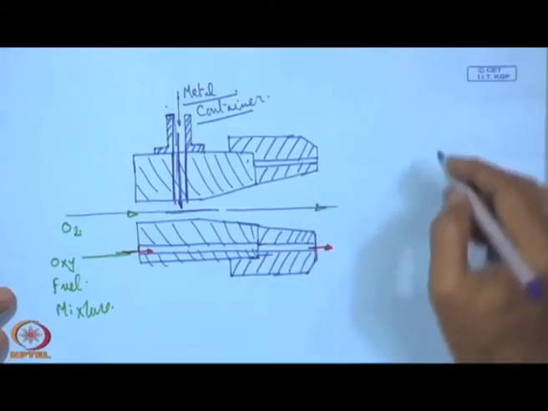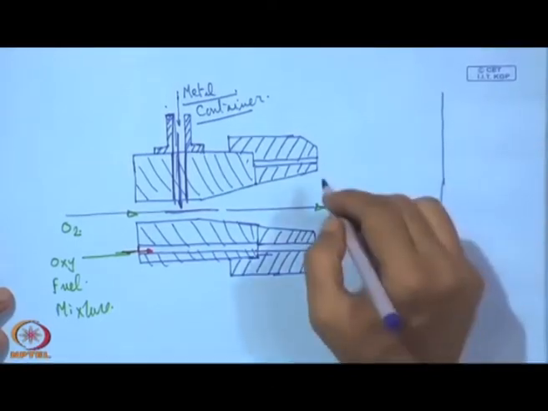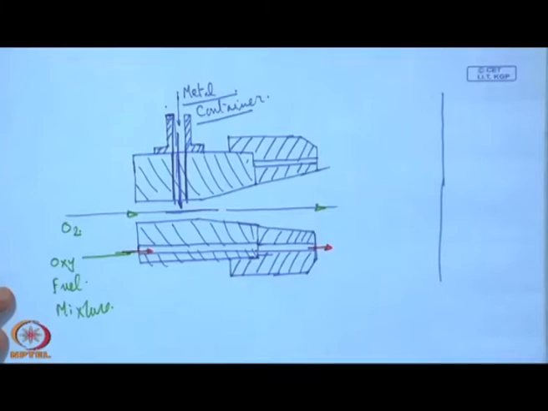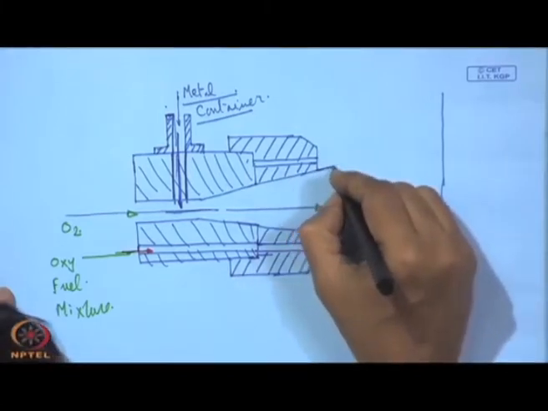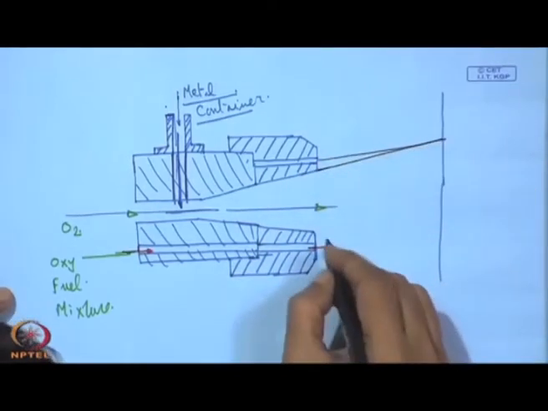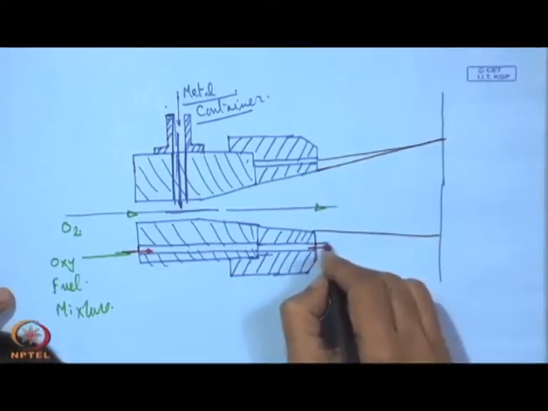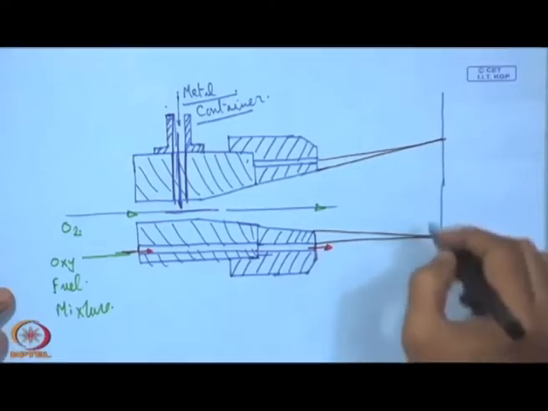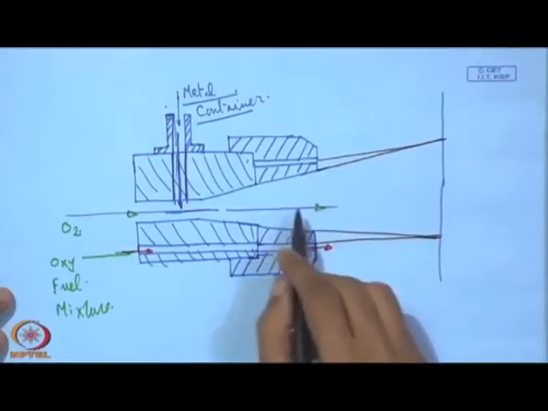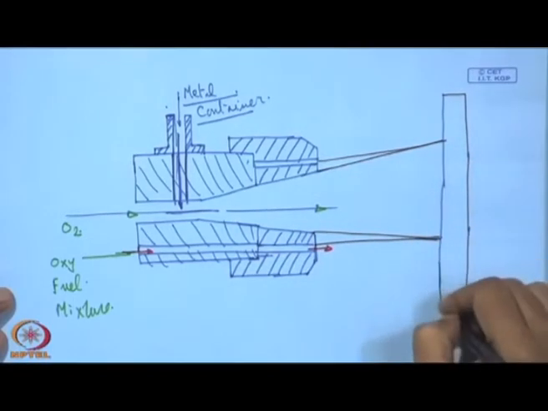If we have a substrate somewhere here, this is the substrate. This is actually the area where the whole combustion will take place, and the substrate is placed just before this, and this is called the stand-off distance.